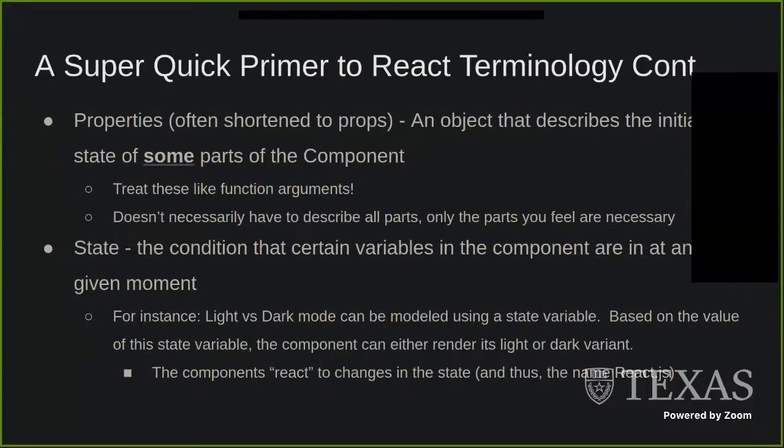And then the two big words, basically the only two other words you need to know when it comes to React, are properties and state. Properties, 95% of the time they just shorten it to props, are pretty much an object that describes the initial state of some parts of the component, not necessarily all. You only need to put these in if you want to describe certain parts of your app.